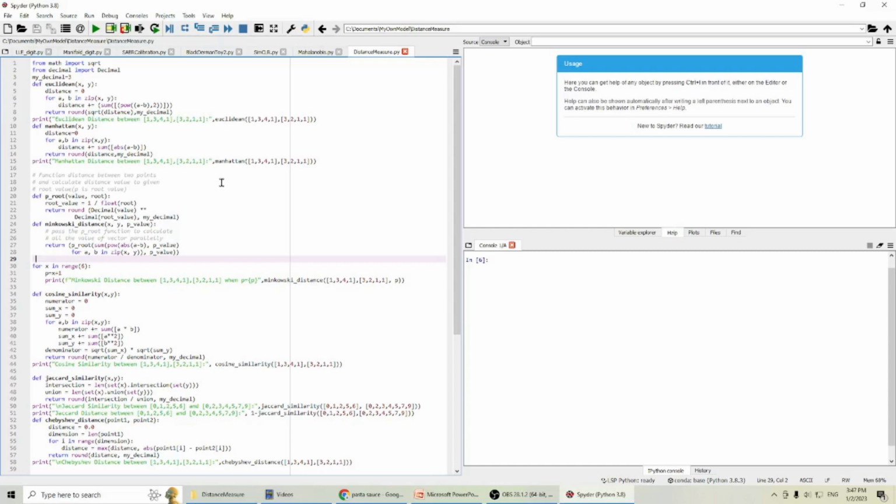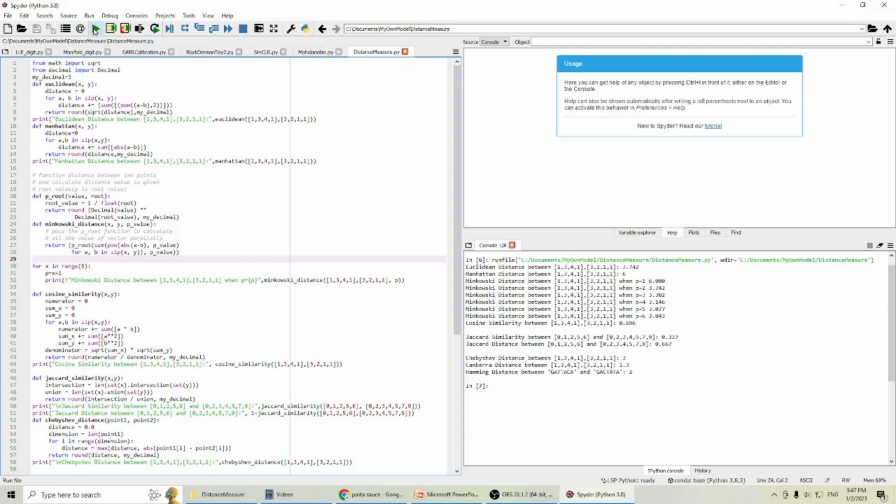In order to understand the calculation, I didn't use any built-in function or any Python package. I just wrote the code with the calculation manually. Okay, now let's run the program. You can see I use the same data point for all those calculations.